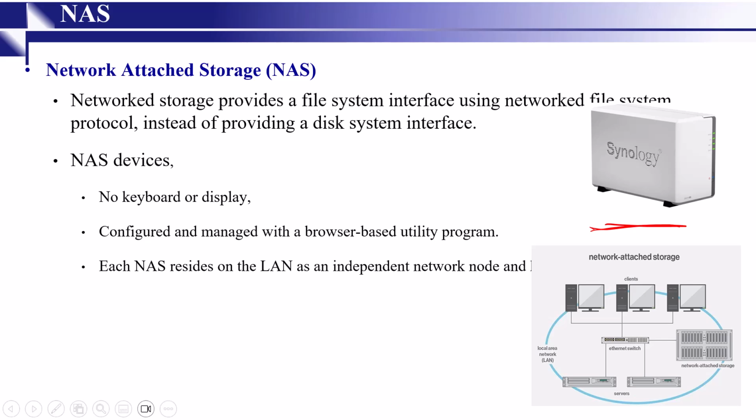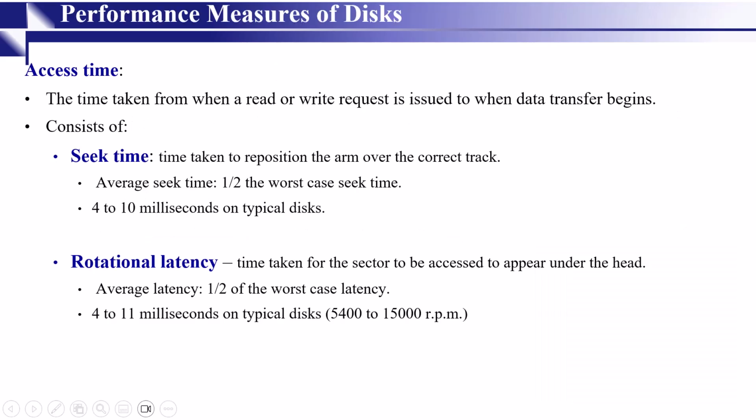So let's go back to the performance measures of disk. Performance measures of disk focus on two aspects: access time and also latency. Access time is the total time it takes from issuing a read or write request by the CPU to the start of data transfer.